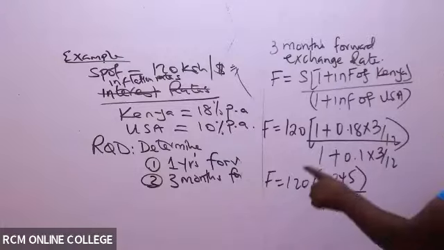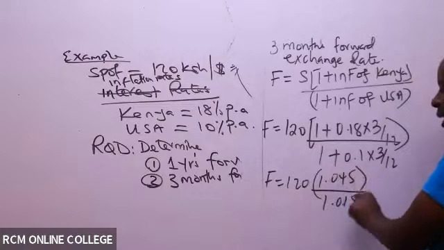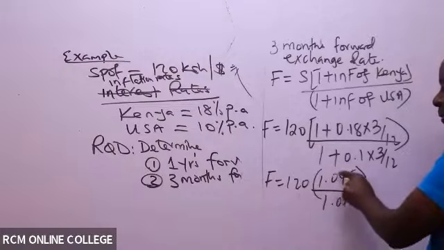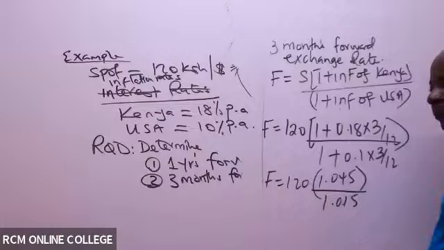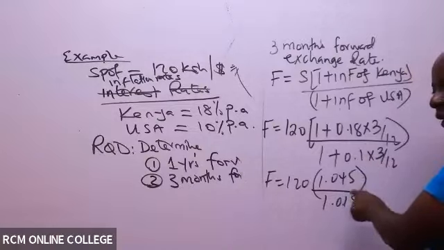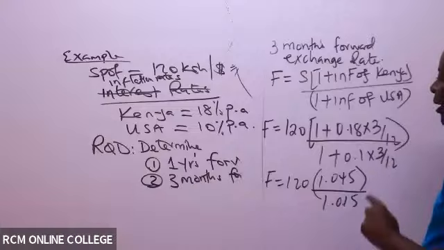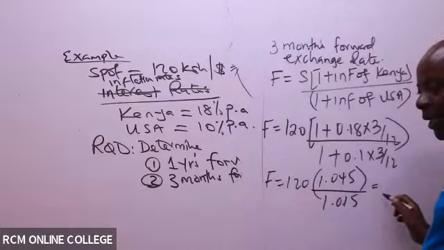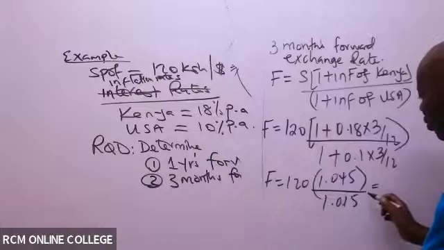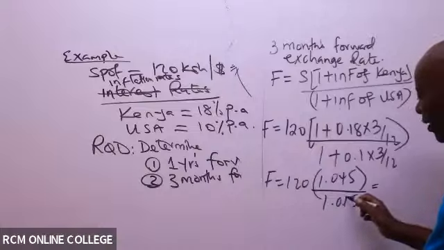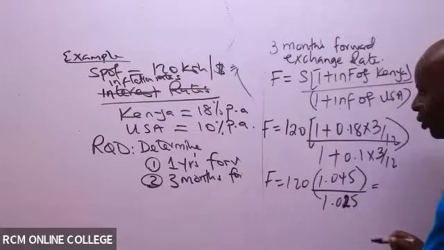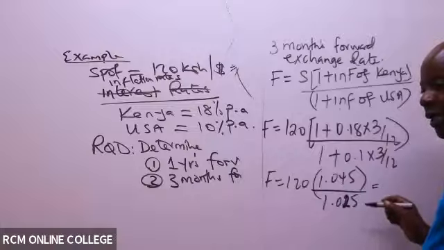So you say 120 times this divided by this. That is how you'll be able to get, I'm told, 1.025. Sorry for that, and thank you for giving me the correct answer here.